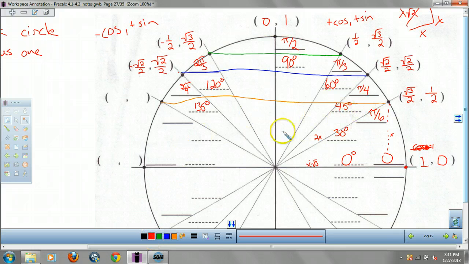How so? Well, this angle's 150. Again, because that's 45 plus 15, 135 plus 15. Now, this is pi over 6, right? 3 pi over 6 is what?